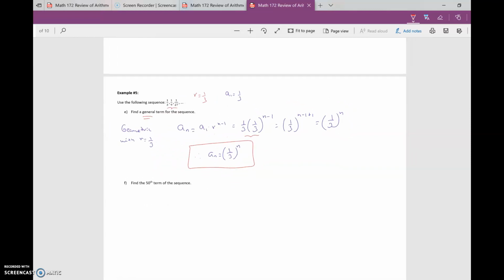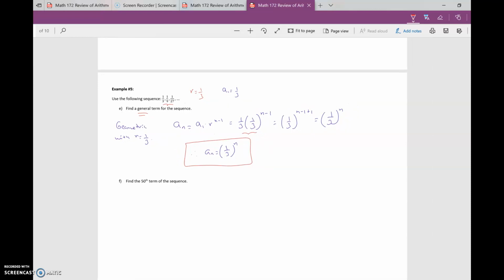And then for evaluating it, in this case a sub 50 is equal to 1/3 raised to the 50.